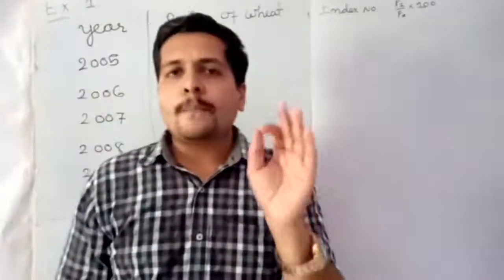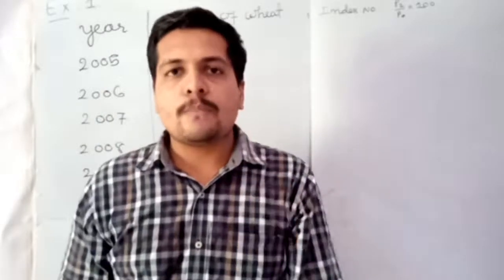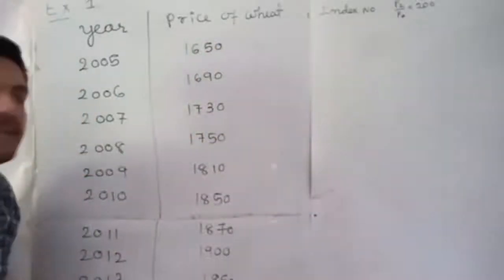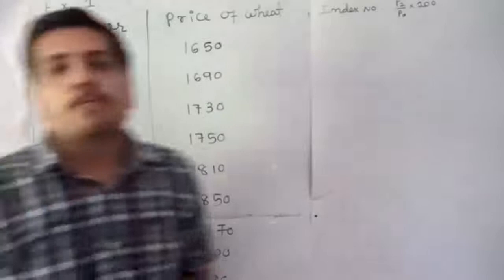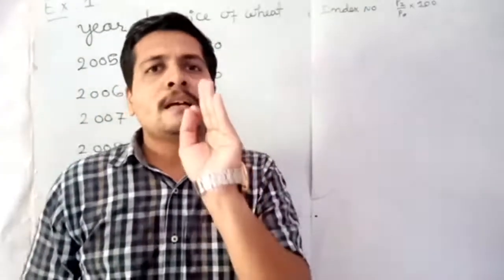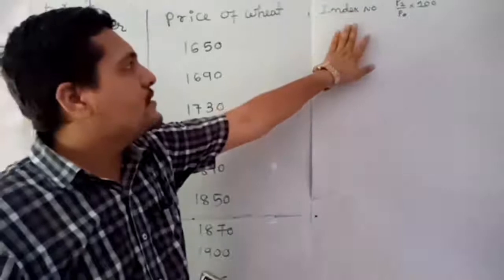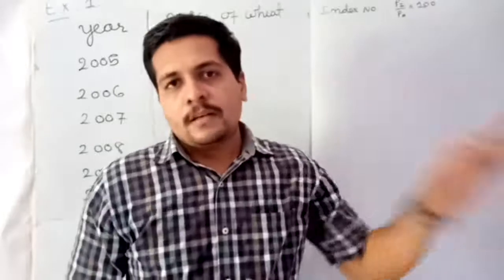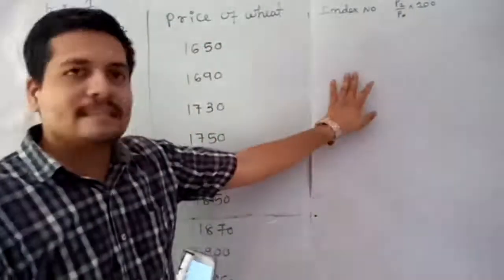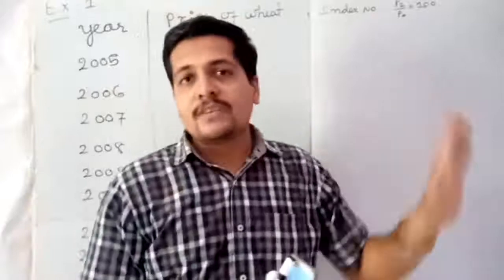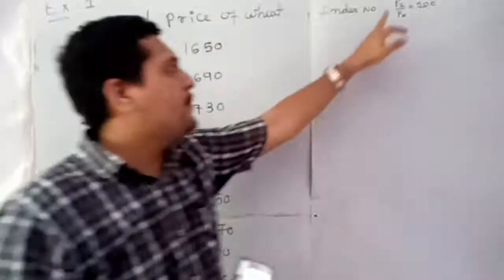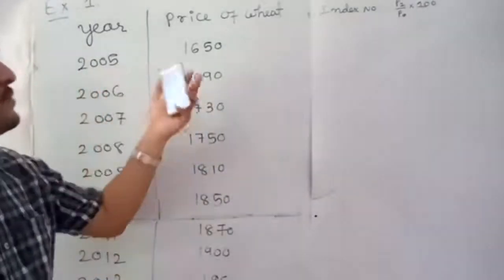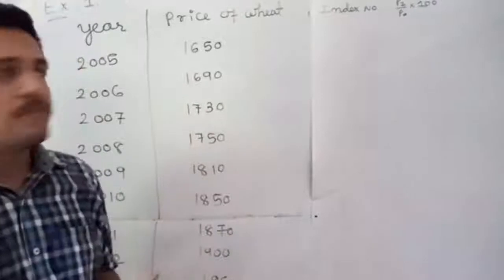We want to know the price index number for year 2013 as compared to 2005. So the first basic simple equation is index number equals P1 upon P0 into 100. This equation is very useful for this example, and only this equation is useful. First, we have P1 upon P0. For the price in year 2005, we have just one price, 1650.